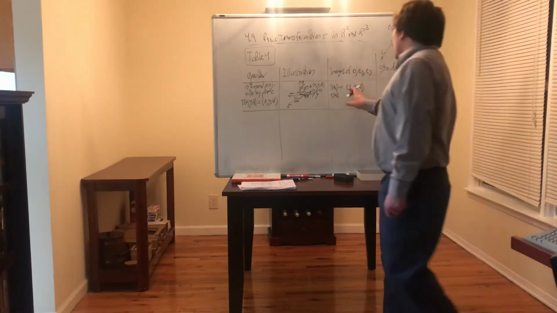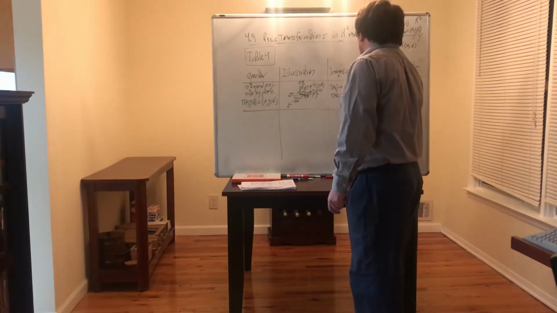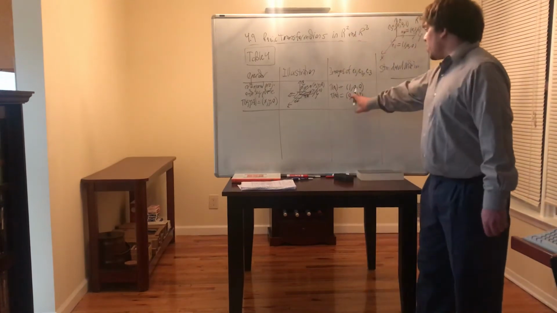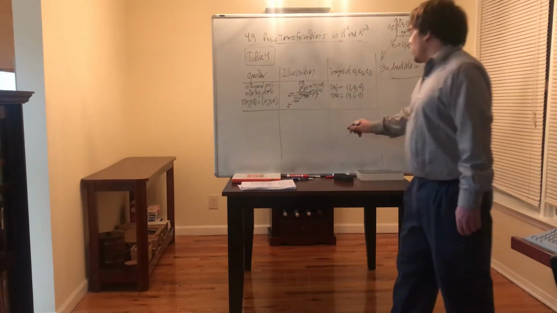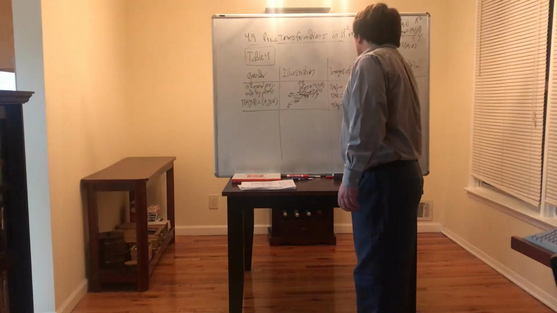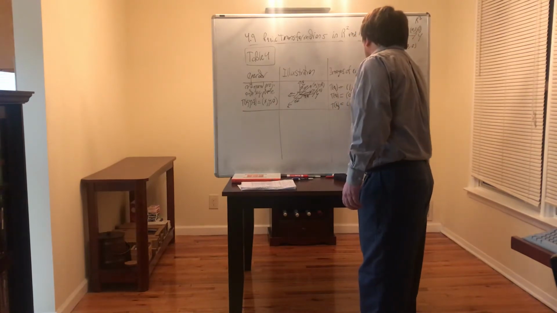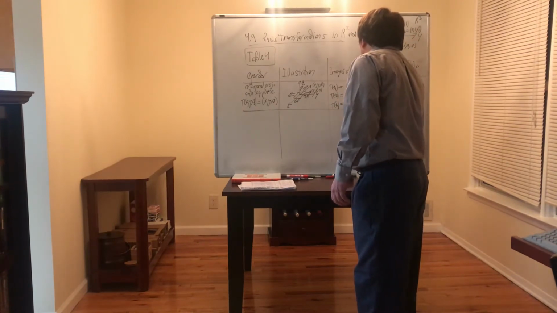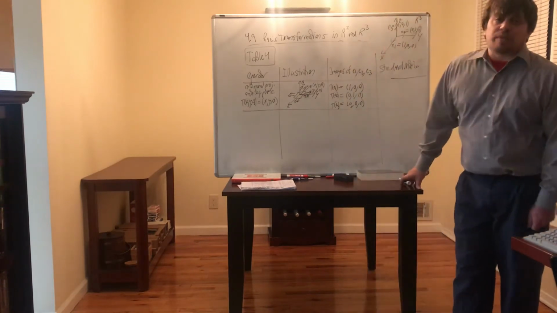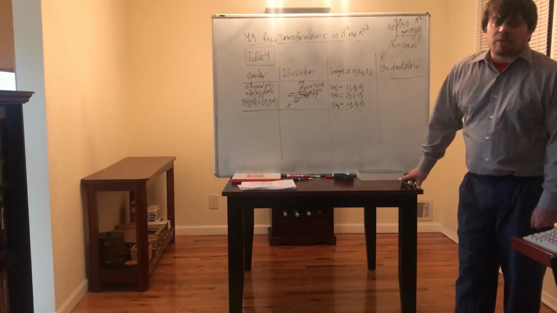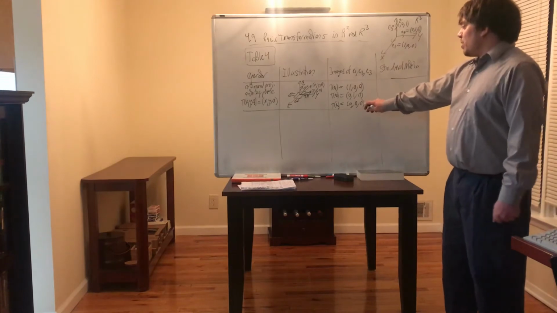And so T of E1 is 1, 0, 0. T of E2 is 0, 1, 0, because the x and y components stay the same, and the z component becomes 0. And then T of E3, the x and y components stay the same, and then the z component becomes 0. And so you get 0, 0, 0. The x and y components stay 0, and then the z component changes from 1 to 0.